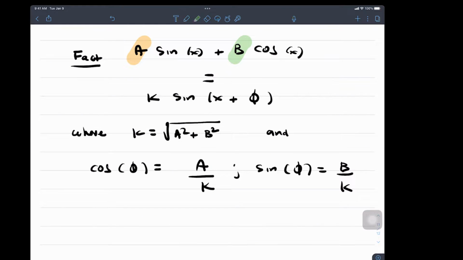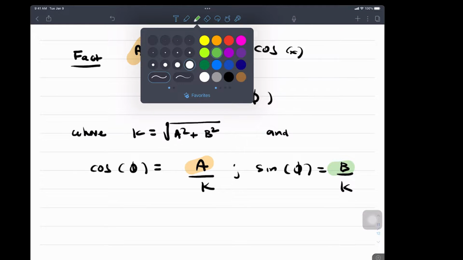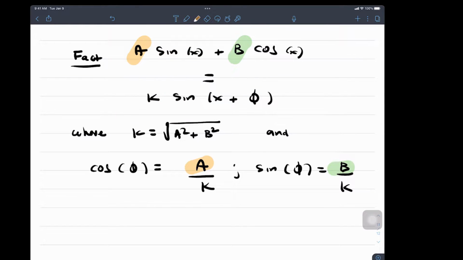All right, so you're going to get these values here. This is A, this is B, and let's color K gold or something. See this K? This is what K is over here.